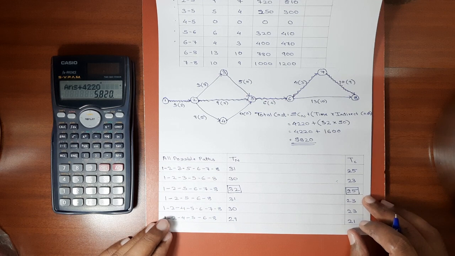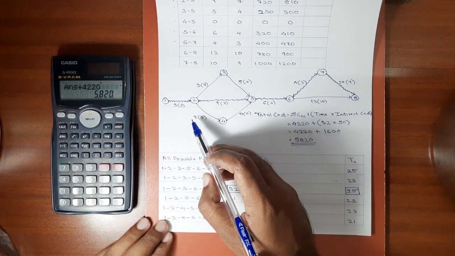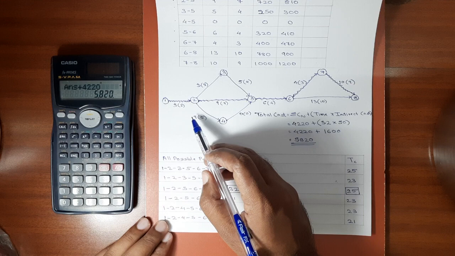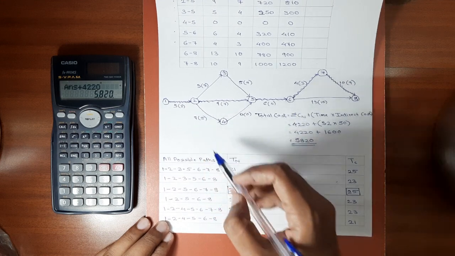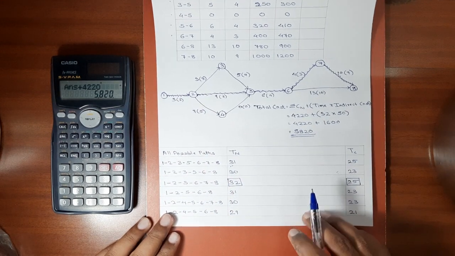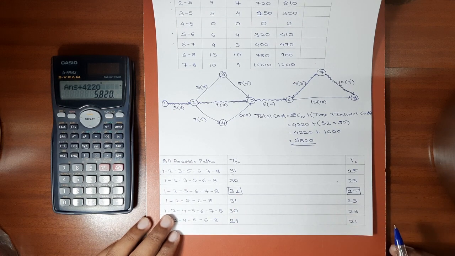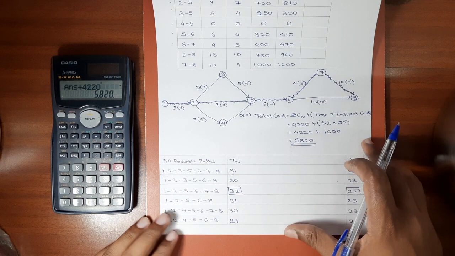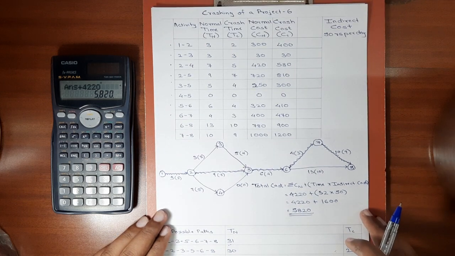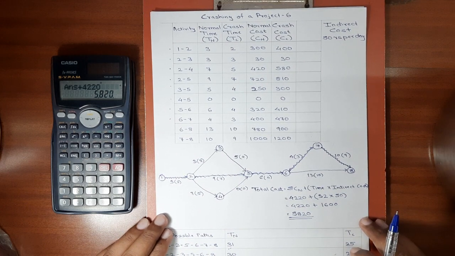From the given data, we drew the network diagram. We found out the possible paths. We found out the critical path, normal duration and crash duration of that path. We have the total cost of the project. Now we'll be finding out the cost slope of each and every activity.